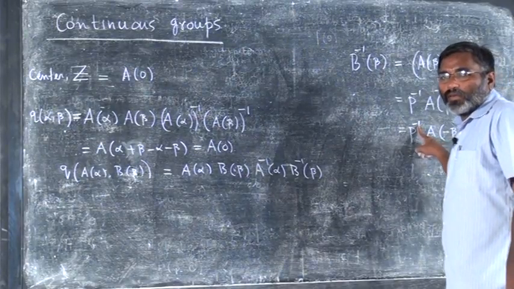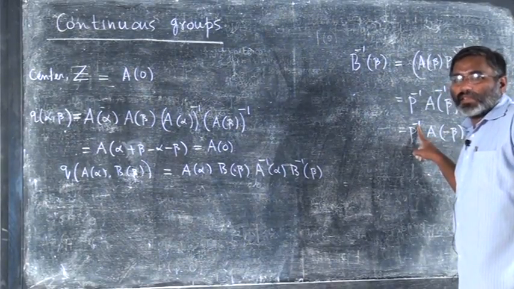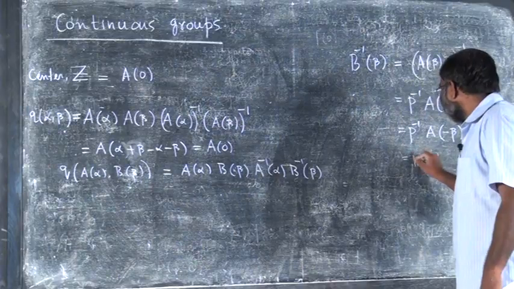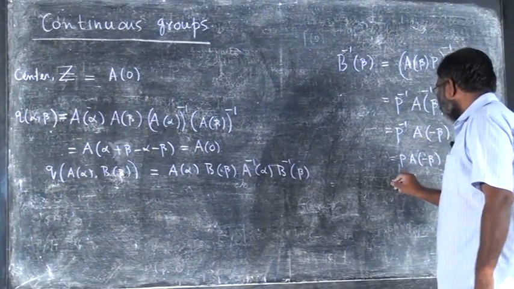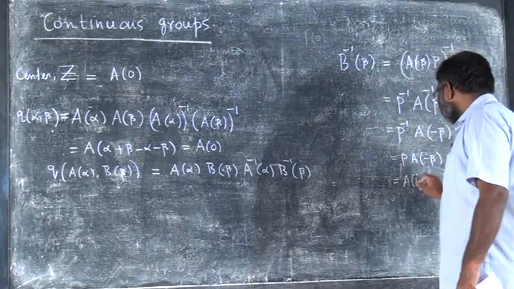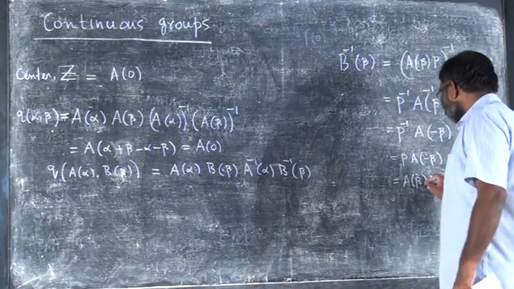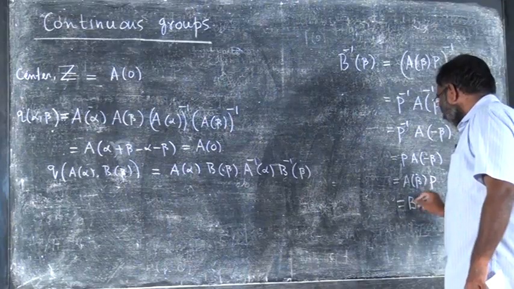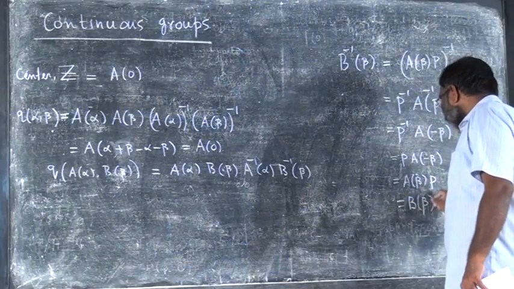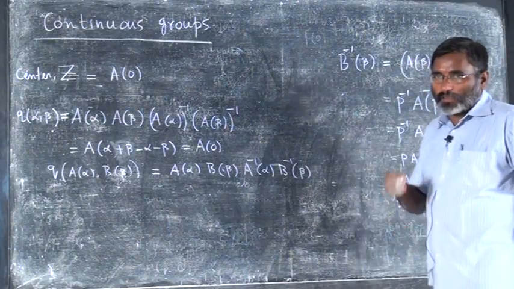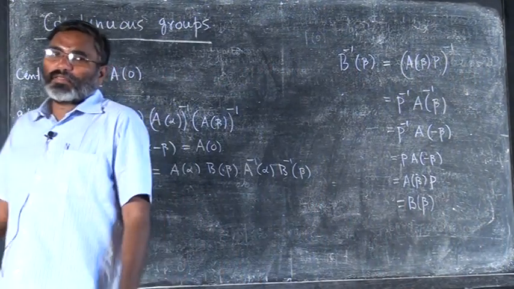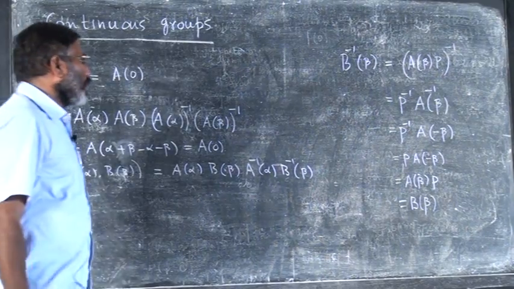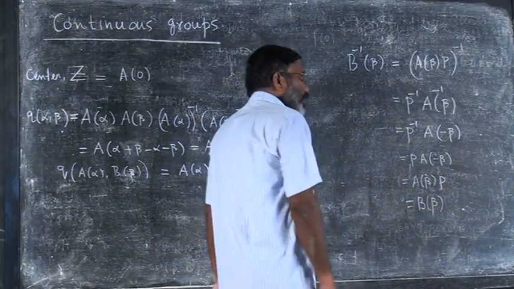P square is 1, so P inverse is P itself. So this is equal to P into A of minus beta, or this is equal to A of beta into P. This is equal to B of beta itself. So all these B elements are inverses of themselves. So B inverse beta is same as B beta.